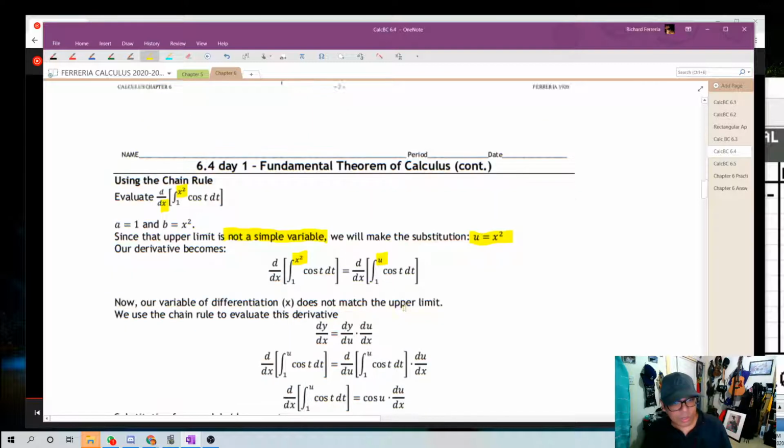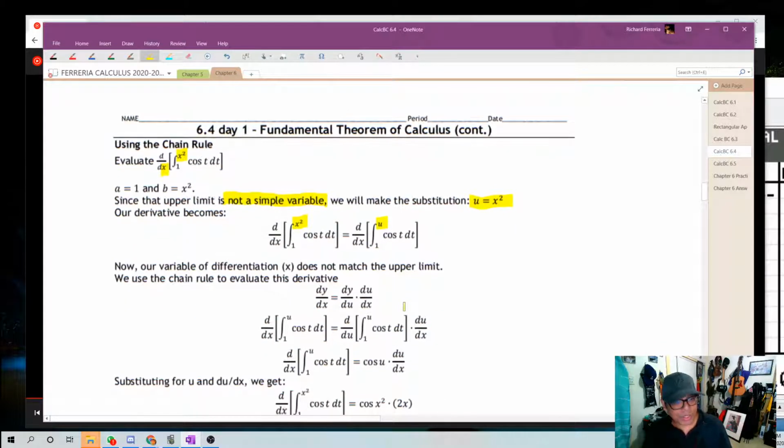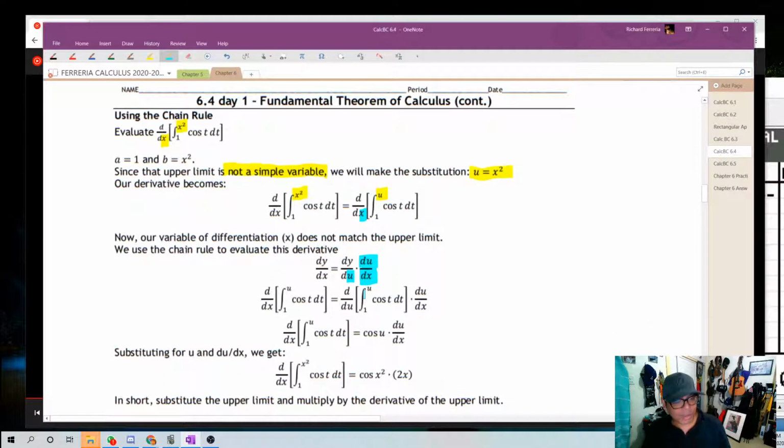All right. Well, what's the cost of doing that? If I'm still going to take the derivative with respect to x, I'm going to have to take a derivative with respect to u and then multiply by the derivative of u with respect to x. That is the chain rule. Down over here, we have the derivative with respect to x of the integral from 1 to u of cosine t.